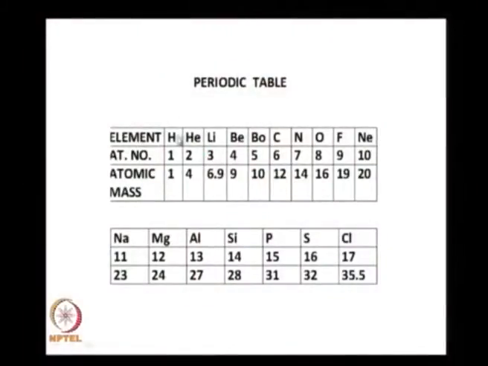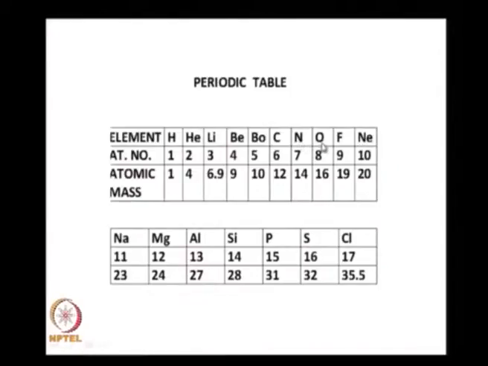You have elements starting with an atomic number of 1, the atomic mass of hydrogen whose atomic number is 1, the next is helium, atomic number 2, the atomic mass is 4, next is lithium, number 3, the mass of lithium atom is 6.9, beryllium 4, atomic mass is 9, boron 5, the atomic mass is 10, and so on, carbon 6, 12, and so on.